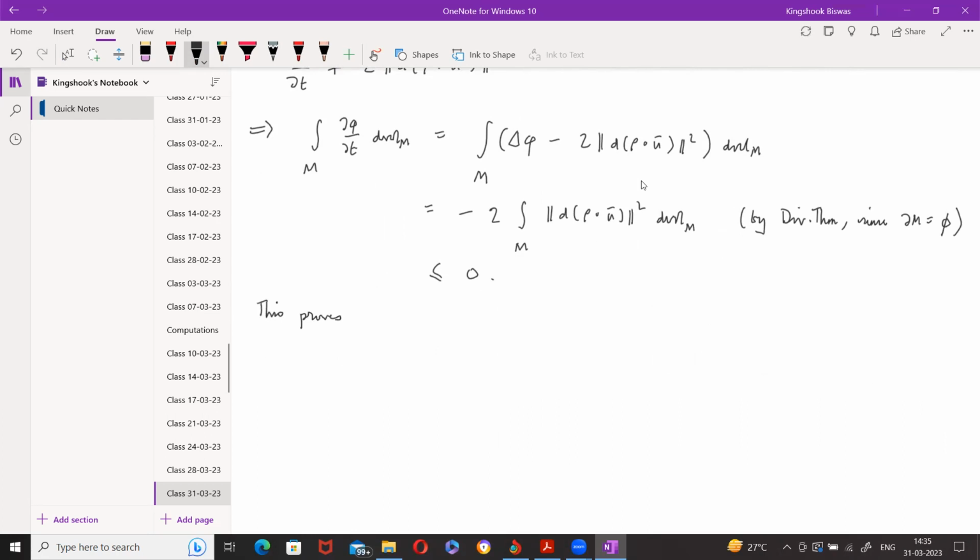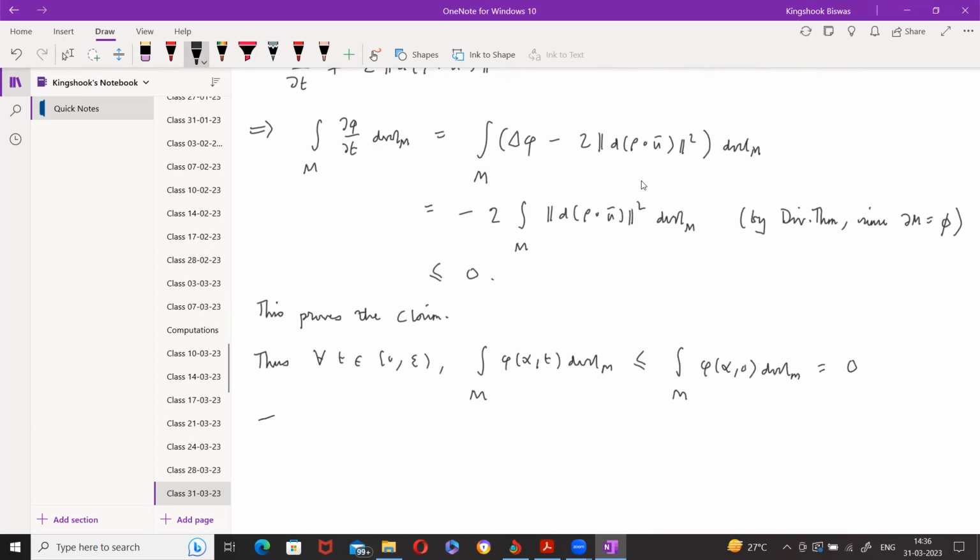More or less. So let me just write out the last few steps. Thus, for all t in (0, ε), the integral of φ(x,t) d vol over M is less than or equal to the integral over M of φ(x,0) d vol, which is 0.